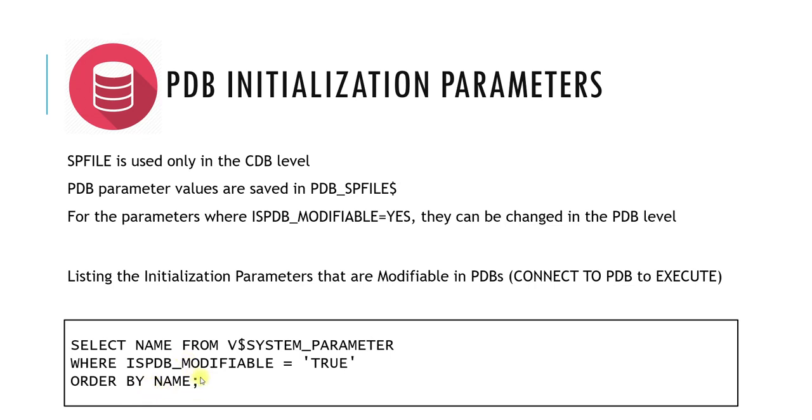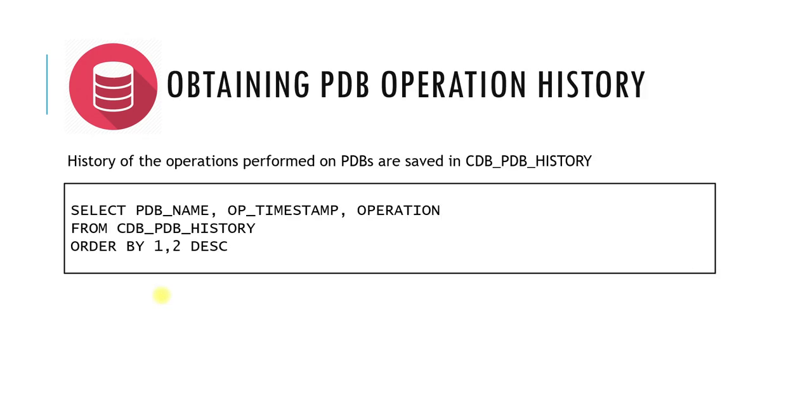What it will spit out is all the parameters which are PDB modifiable, not the CDB. So this is how we can segregate them, and then we can modify them accordingly at the PDB level, not the CDB. Okay, and for these to be modified, you can run it from the root as well as from the PDB itself.